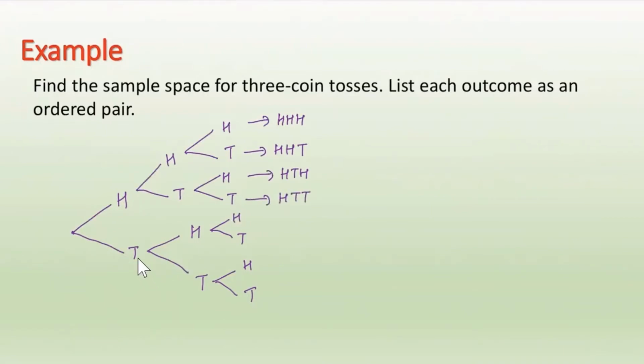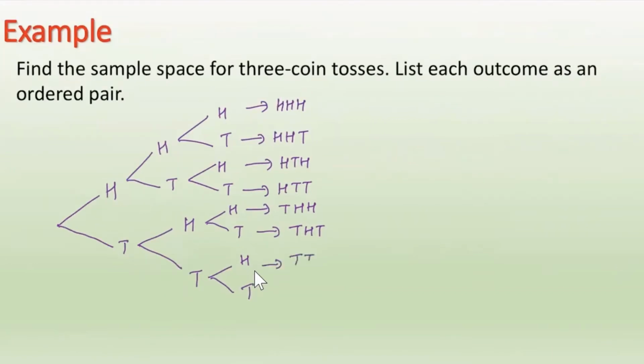Then we have tail, head, head. This one, first tail, then head, then tail. This one here, 2 tails and then head. And the last one, you have all tails.